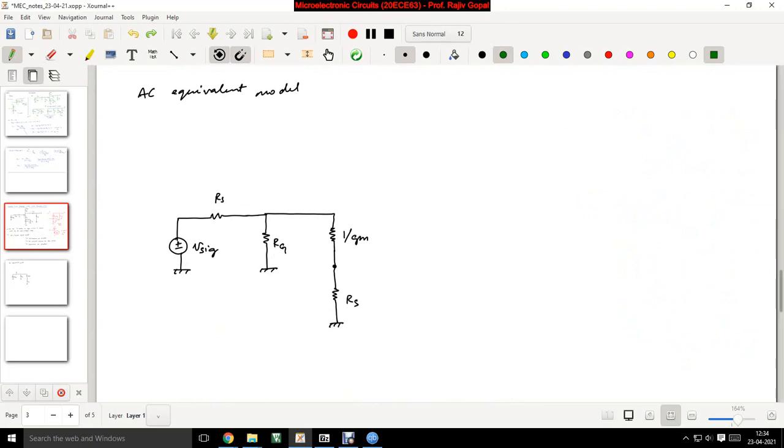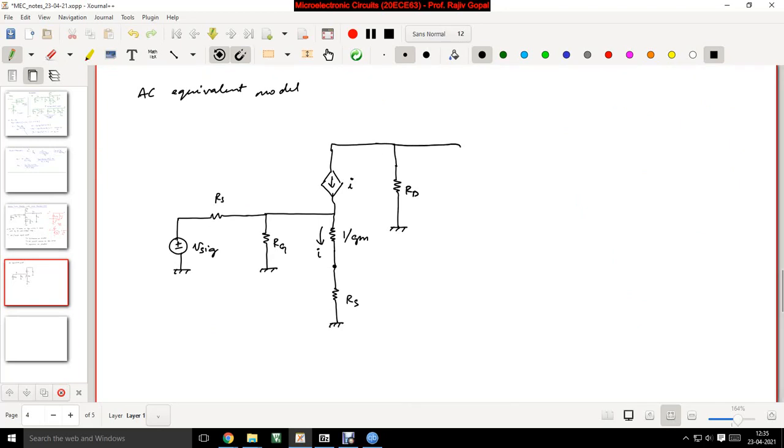Then at the drain side I will have a current source like this. I'll call that current source I. The same I will actually flow through 1 by GM also, right? This will go to RD, and RD is connected to VDD, which is shorted, so it is connected to ground.